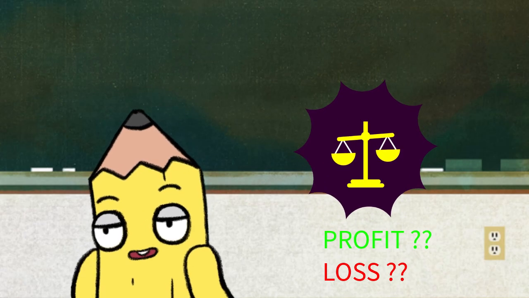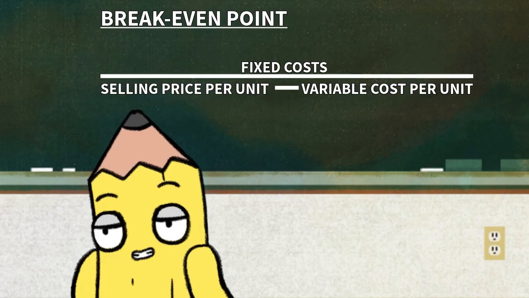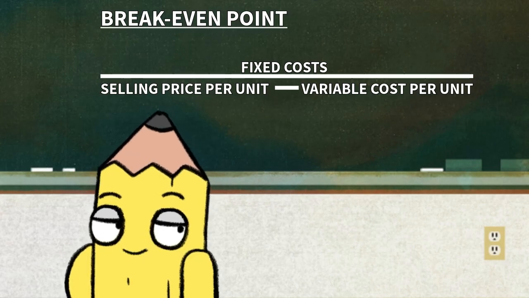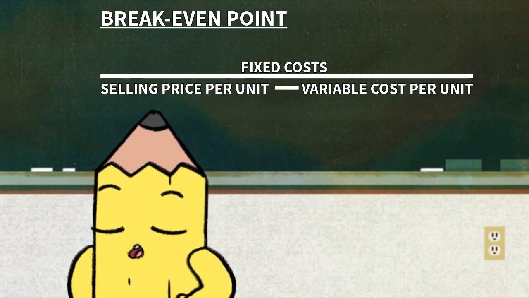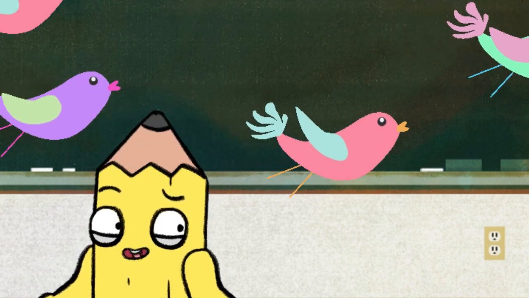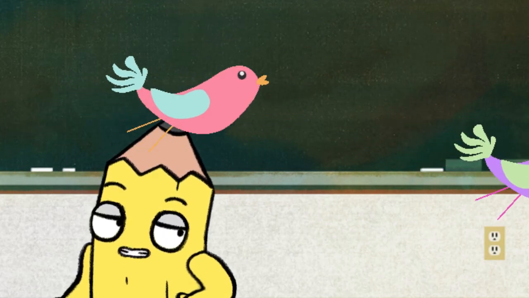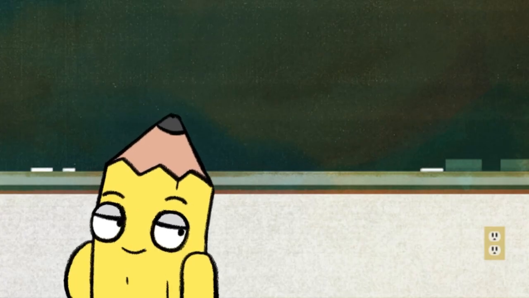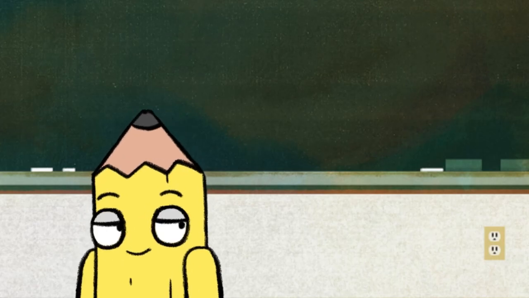When we do this, we use the formula of fixed costs divided by the selling price per unit minus the variable cost price per unit. So the difference between fixed and variable costs is that fixed costs are costs that do not change depending on the amount of products or goods you produce, whereas variable costs vary depending on the amount that you produce.